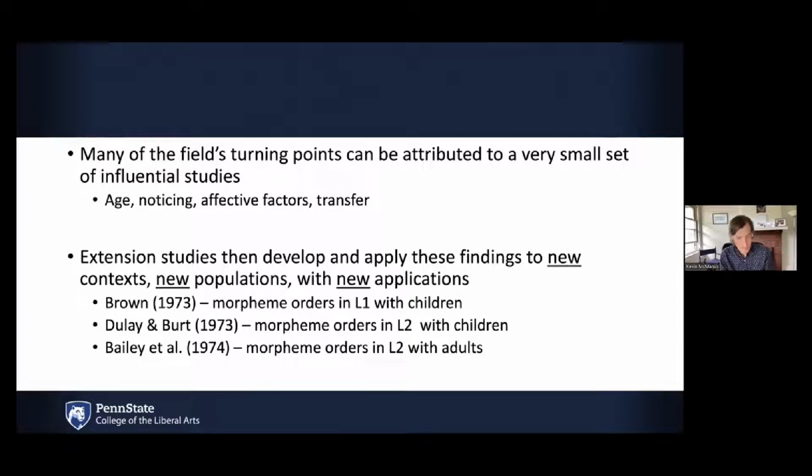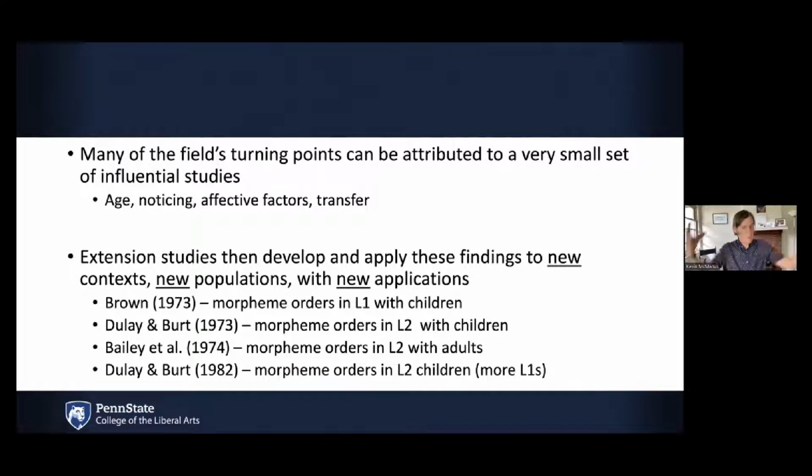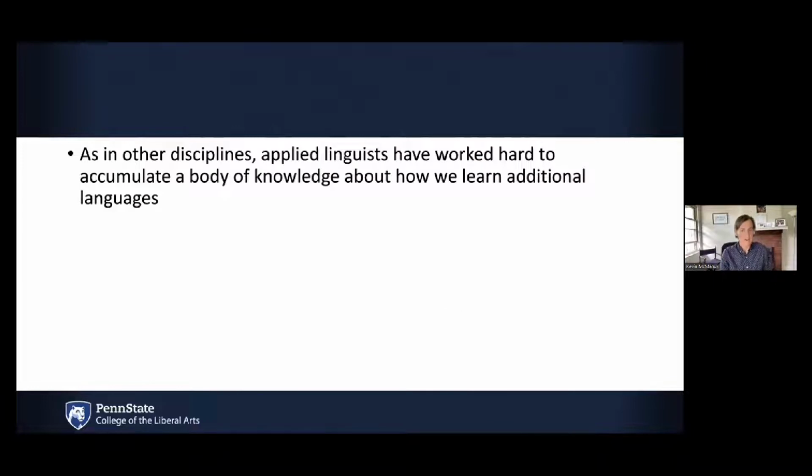So sticking in L2, but changing the population to adults. Dulay and Burt 82, morpheme orders in L2 children, but looking at a wider variety of L1 words, right? So you can see how this trajectory is moving, right? We're taking those initial findings and we're investigating them with new populations, in this kind of example that we've got here, okay?